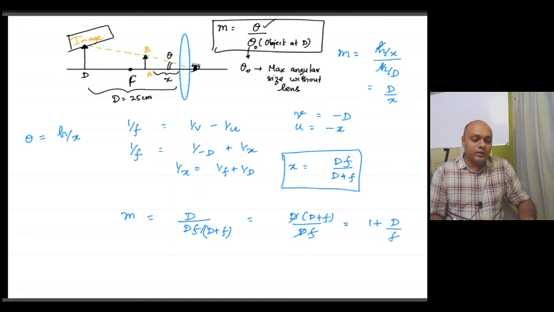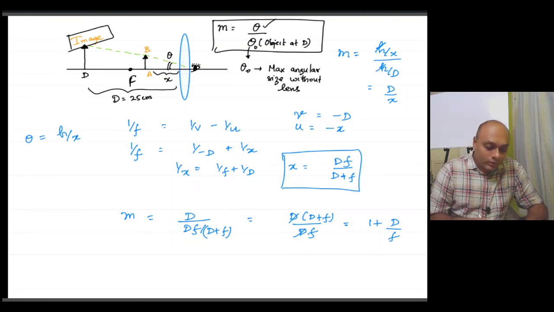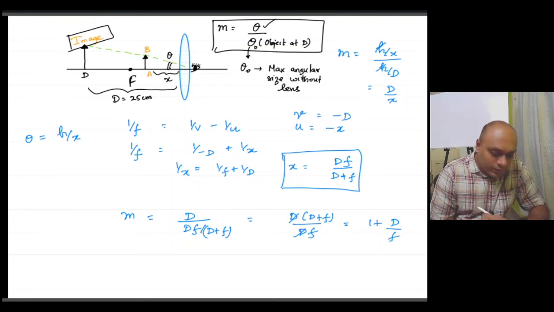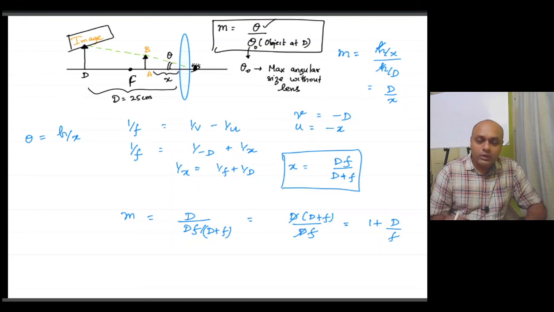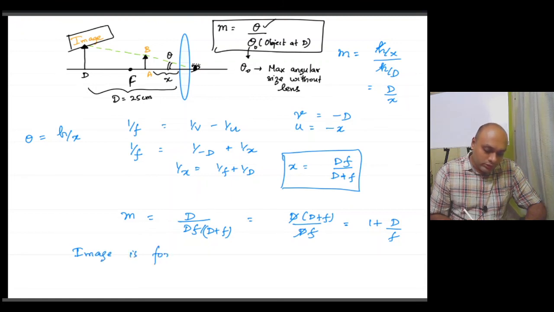So that will be the magnification in this case, where the image is formed at the near point. Least distance of distinct vision is also called as a near point. So case 2 this is, image is formed at near point.